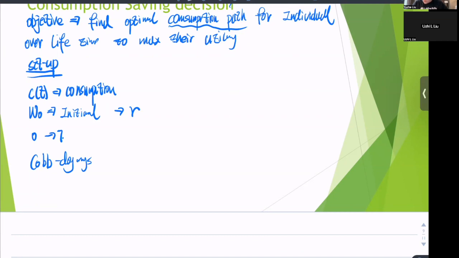I'll give you examples. So our utility function is given by U(c) equals. The second derivative is decreasing.